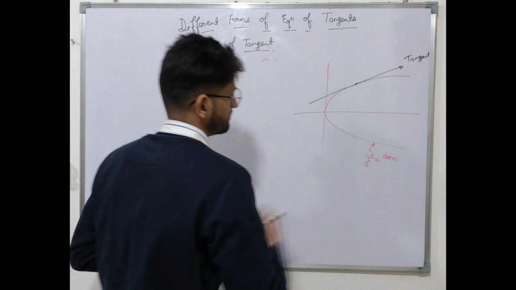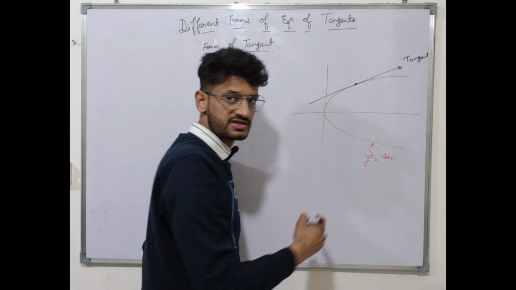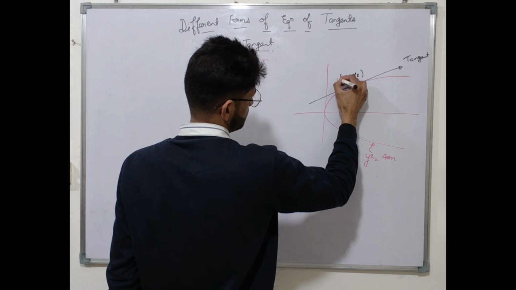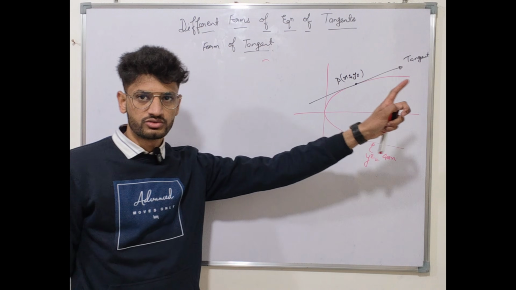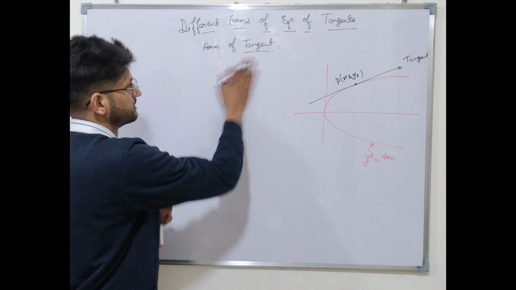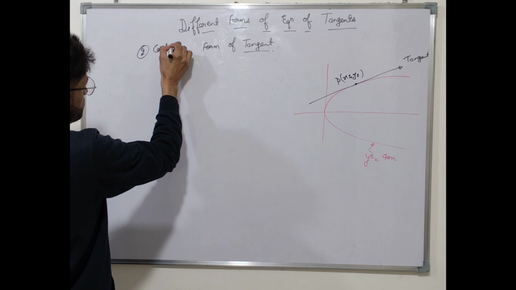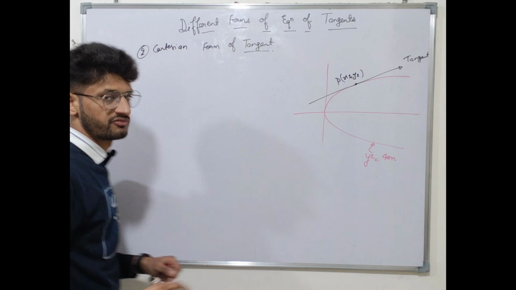If the point of intersection of line and tangent is given as x1 comma y1, if we are aware of this point and we need to write the equation of tangent, so we can write, and this form is known as the Cartesian form of tangent.